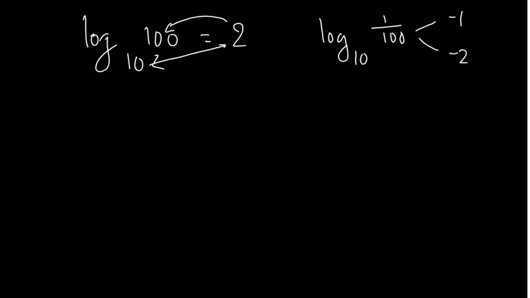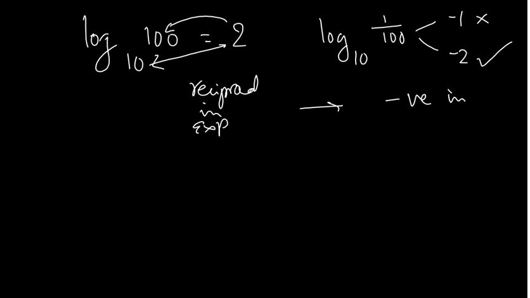Correct, minus 2 is the correct answer. So the reciprocal in exponent form will give you a negative in logarithm form. These are little things which are better to remember rather than trying to use the calculator at the time and getting surprised.